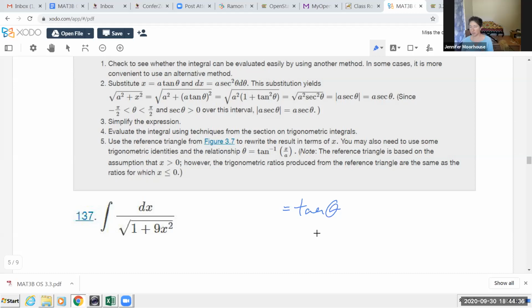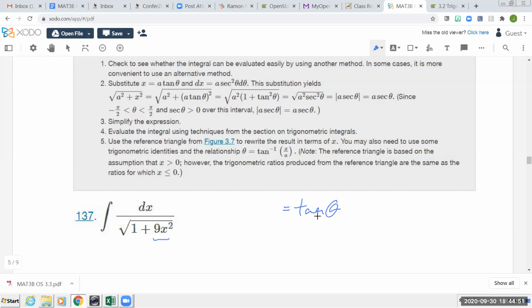Close, but not quite. So I want this essentially to become a tan squared. Because tangent is equal to 1 plus, or no, that's secant.